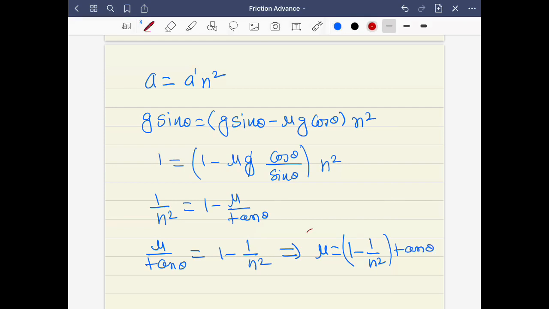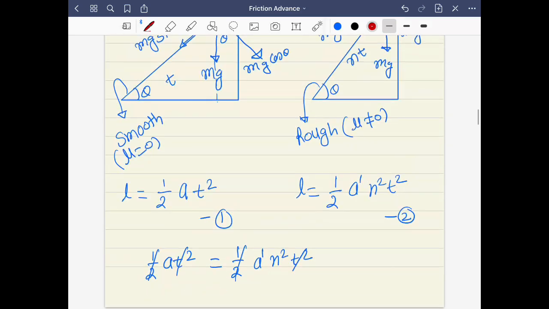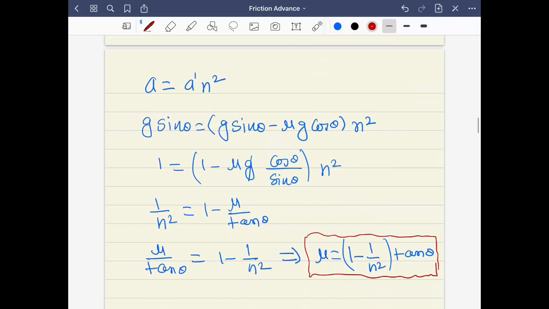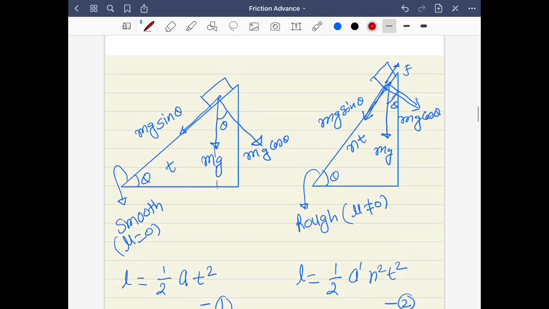As you can see, this is the answer. Now if they gave theta is equal to 45 degrees, you will directly say 1 minus 1 by n squared will be the coefficient of friction.